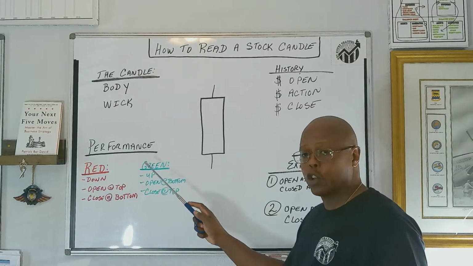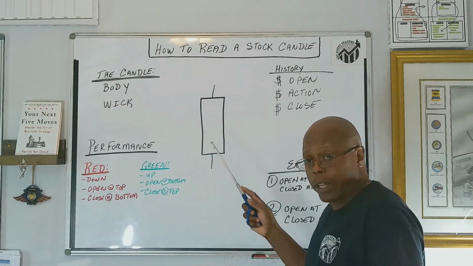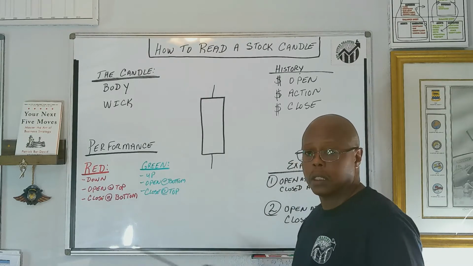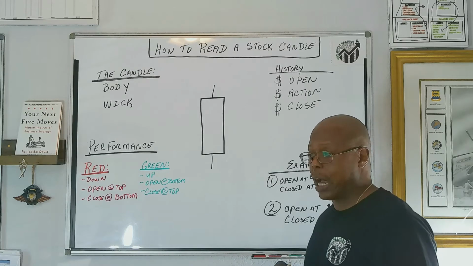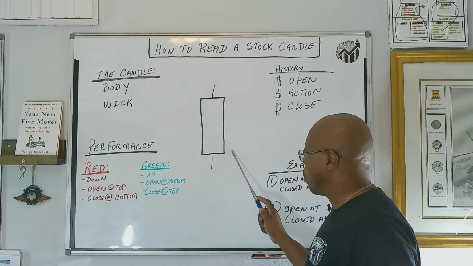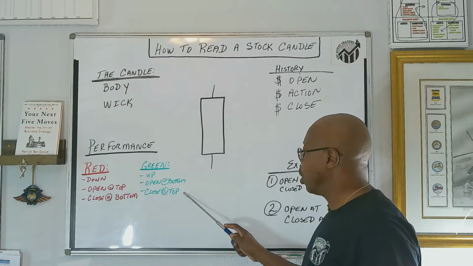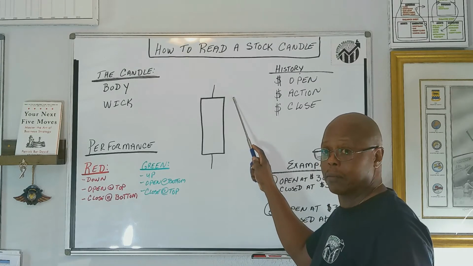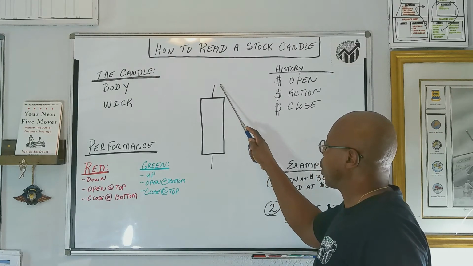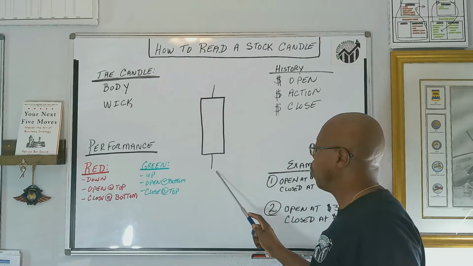All right, if you see a green candlestick, that basically means for that period, and like I said, we're going to use day, that if it's green, it was an up day for that stock. The open is going to be on the bottom line, and then the close is going to be the top line. That's open, that's the close, that's where the stock went, above the open.